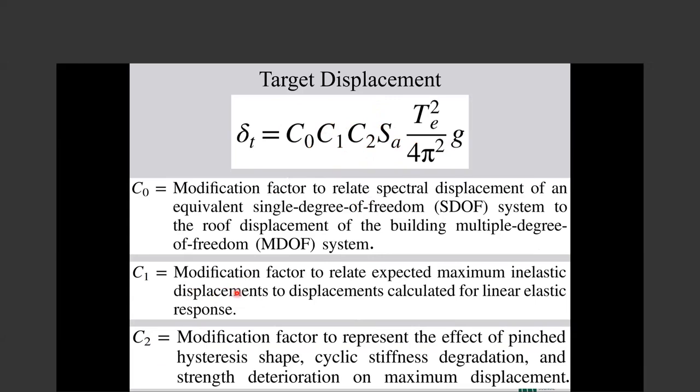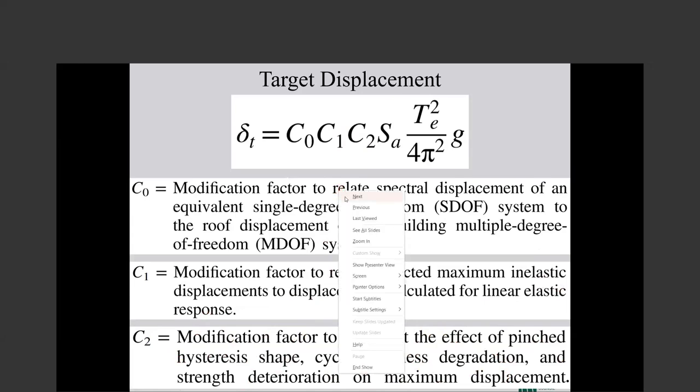So C1 is modification factor to relate expected maximum inelastic displacement to displacement calculated for linear elastic response, and C2 is modification factor to represent the effect of pinched hysteresis shape, cyclic stiffness degradation, and strength deterioration on maximum displacement. So all the deficiency, the effect of deficiency in detail. So look at them one by one and more.